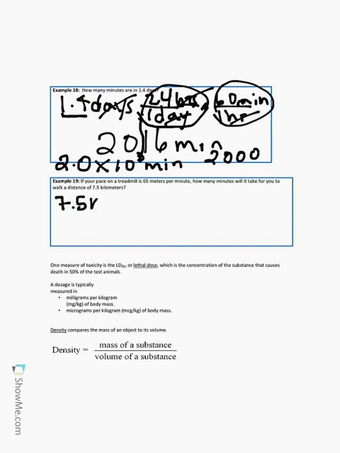So, 7.5 kilometers. Initially, we went to miles, right? But our pace on the treadmill is meters per minute. So, instead of going to miles, let's go to meters. There are 1,000 meters in 1 kilometer. Now, our pace is 65 meters per minute, and we want to get to minutes.